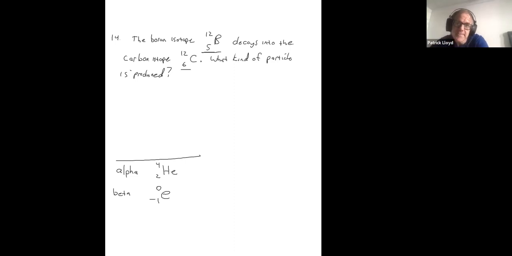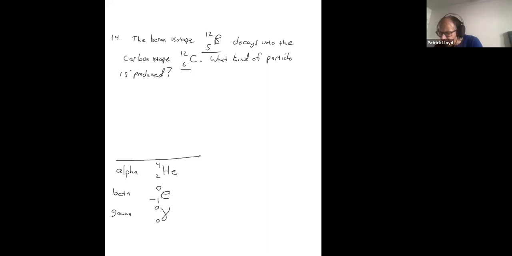An electron does have mass, but it's so much smaller than a neutron or a proton that we essentially write the mass number as 0. And then you've also got a gamma. The symbol for gamma looks like this, but it doesn't have any charge or mass, so the atomic number is 0 and the mass number is 0. Those are presumably our three choices.